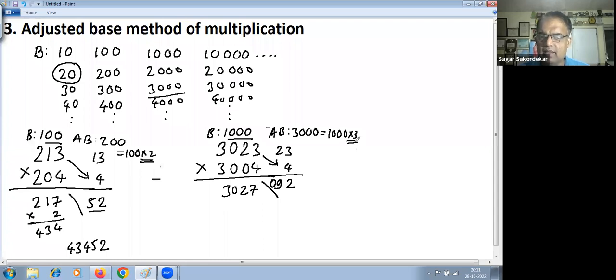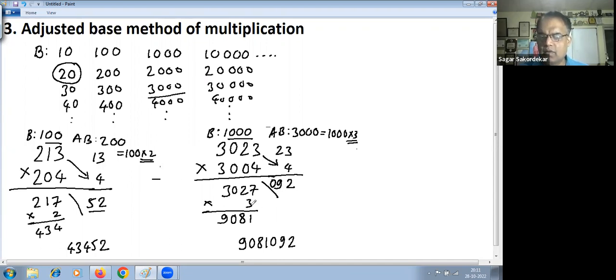And then apply this relation, into 3. 3 into 7 is 21, 1 carry 2. 3 into 2, 6 plus 2, 8. 3 into 0 is 0. 3 into 3 is 9. Then just join. 908109.